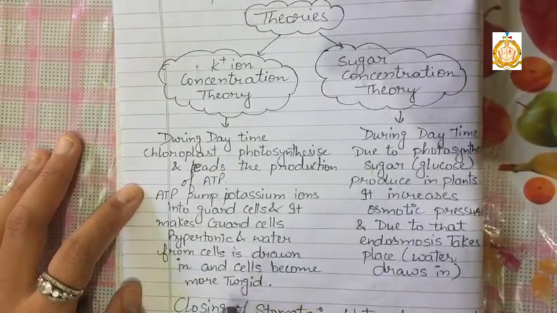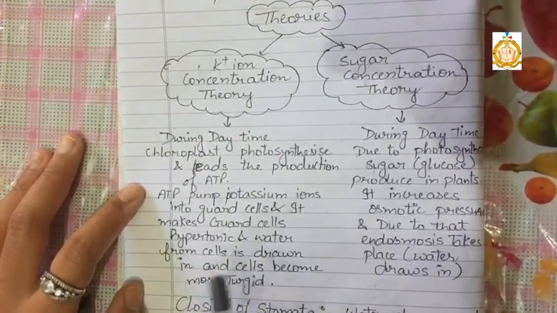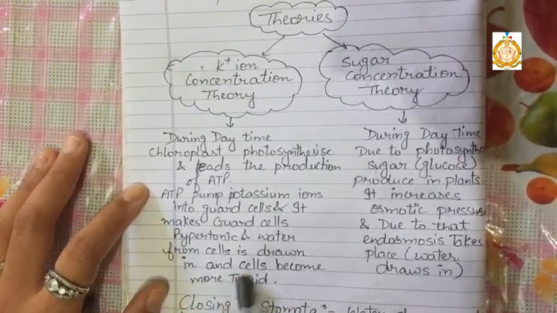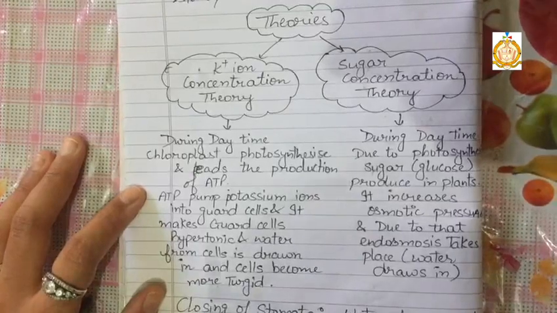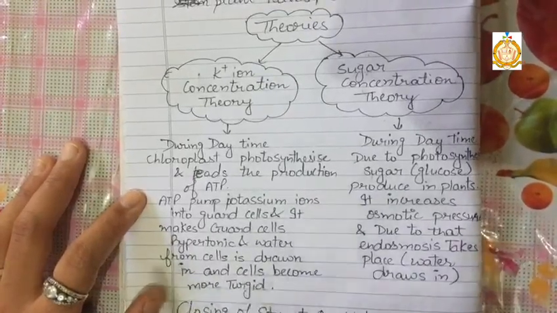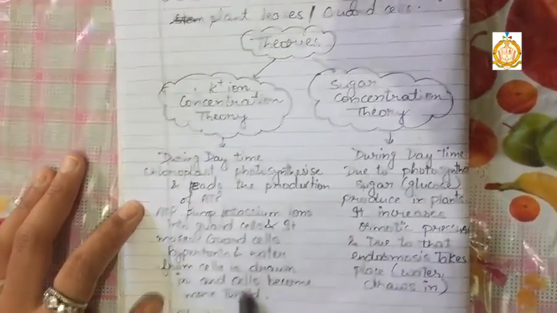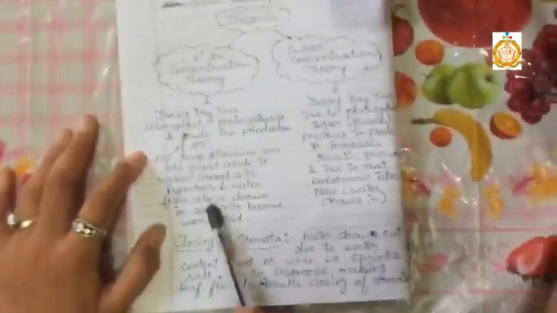That means the water from the neighbouring cells is drawn inside the guard cells, and the guard cells become turgid. The more turgidity there is, the more the stomata open.